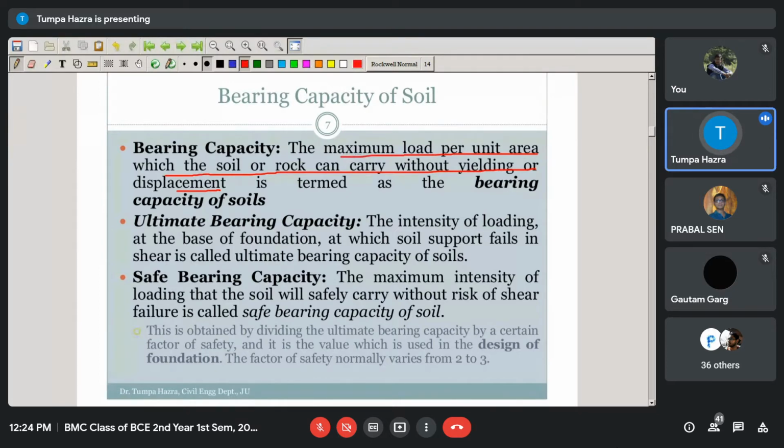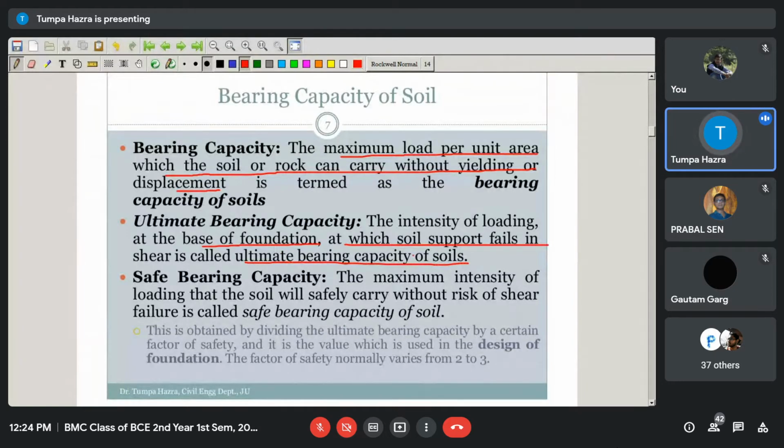Ultimate bearing capacity means the maximum load under the base of the foundation that the soil can support before failure due to shear action.